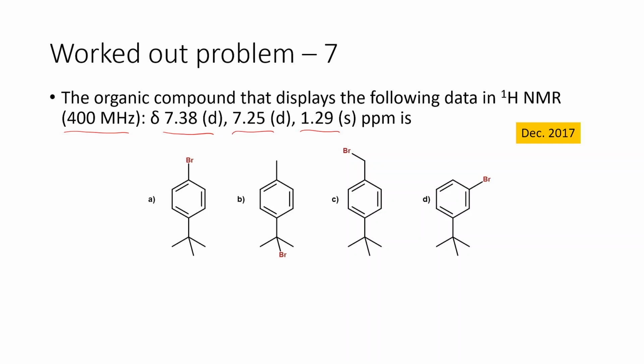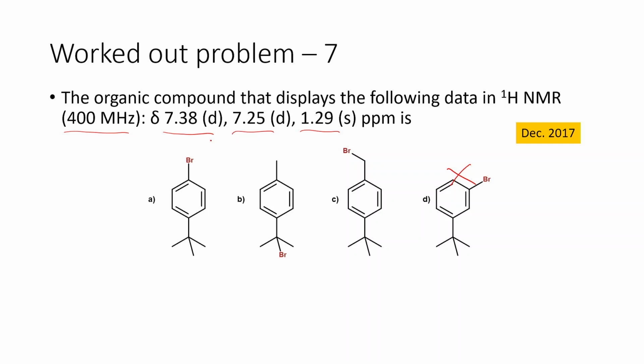This clearly tells that the compound is a para-disubstituted compound. This is a simple clue we can identify. Based on that, we can rule out D because it is a meta-disubstituted product. For para-disubstitution, a doublet and a doublet, two types of peaks, are not possible for the meta-substituted product. So D can be ruled out.